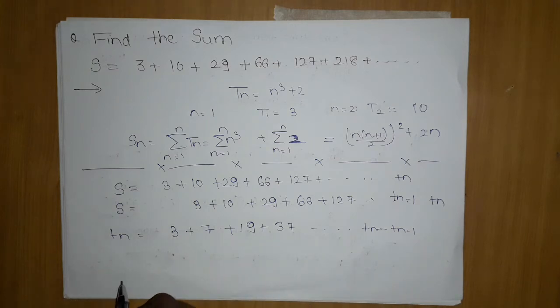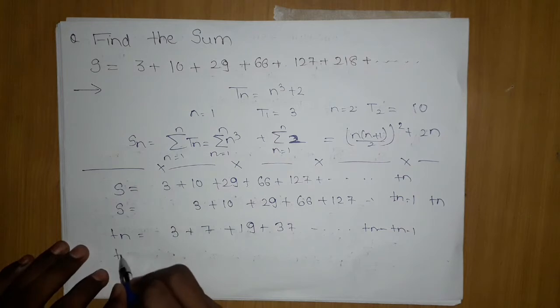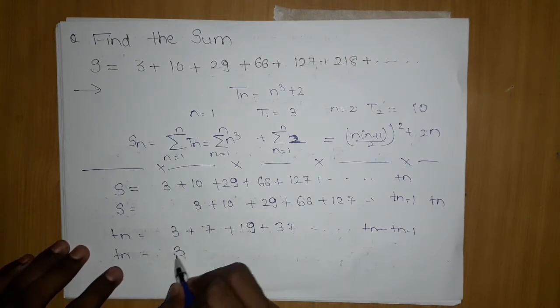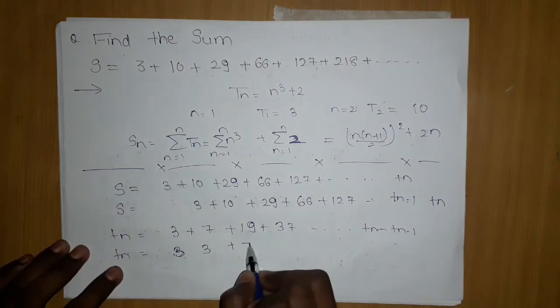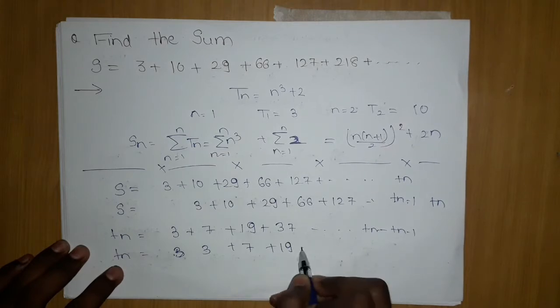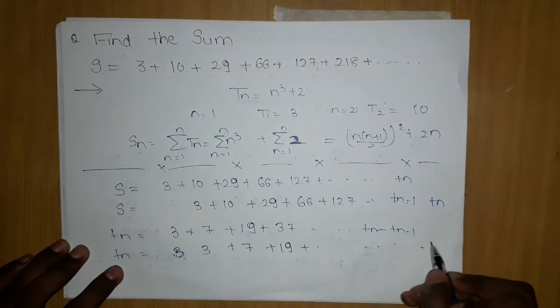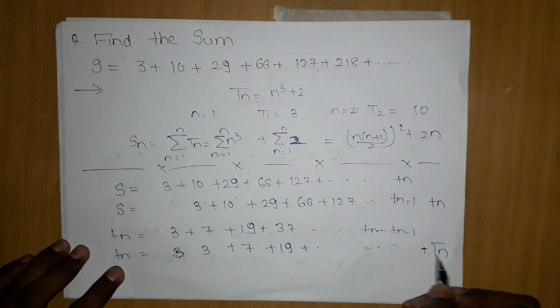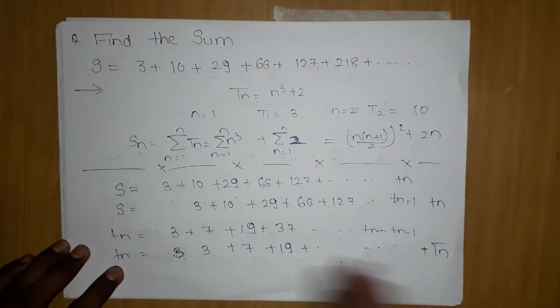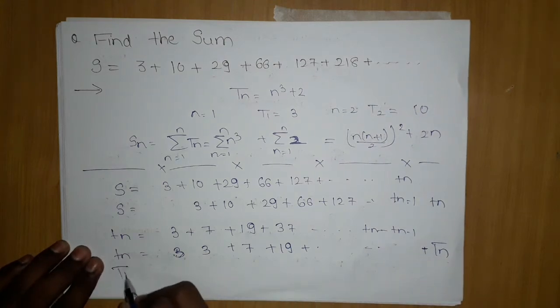Now we will try to subtract it again. I write this here, 3 plus 7 plus 19, and here I will have some different Tn. If I subtract it again I will get some new Tn.